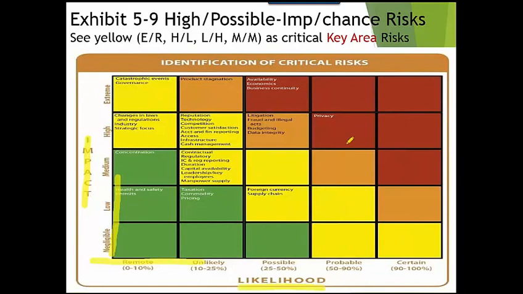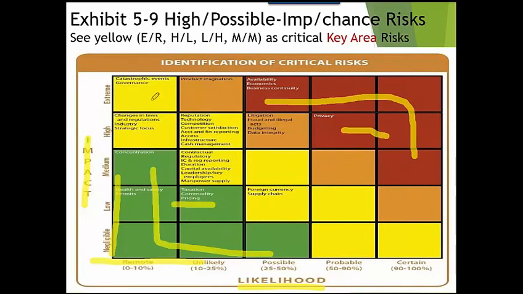You notice how all these areas are red. Green, not so much concerned with. Yellow may in fact be something that we are concerned with. But from a risk perspective, we absolutely are interested in the items that have a high impact if they go wrong, and that they have a high likelihood.